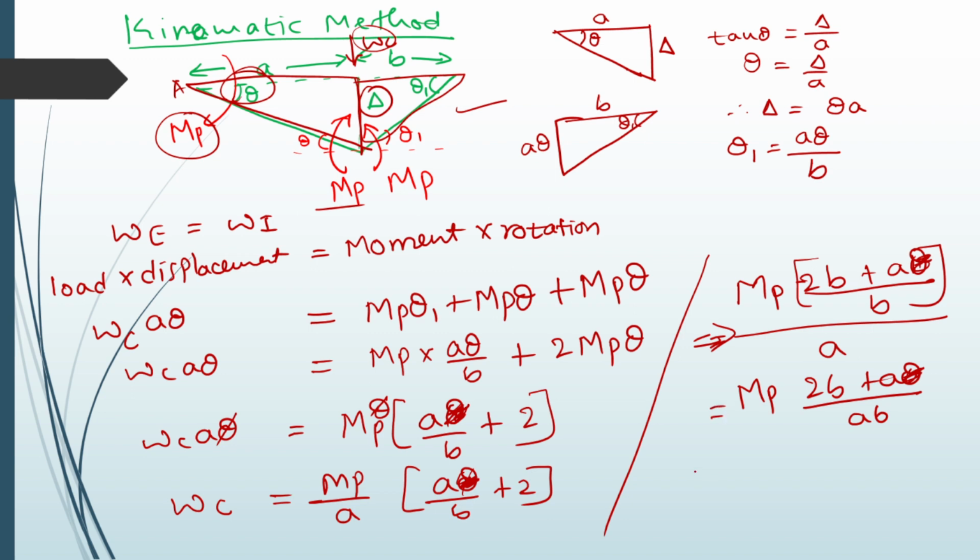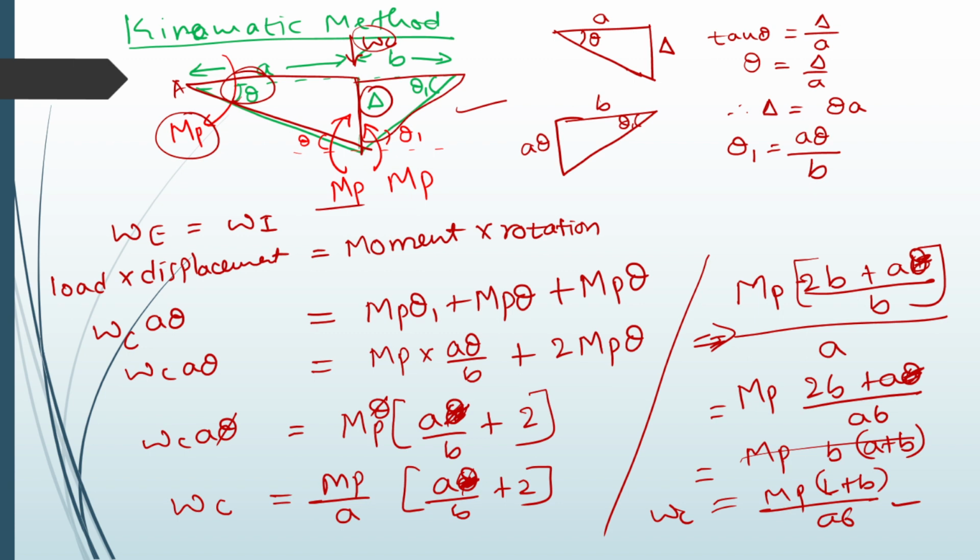After simplifying this we get Mp. We require L plus b, where a plus b is our L. So after simplifying this we get the solution Mp into L plus b divided by ab. This is the collapse load Wc, which equals Mp into L plus b divided by ab.